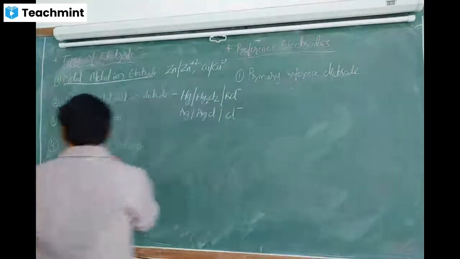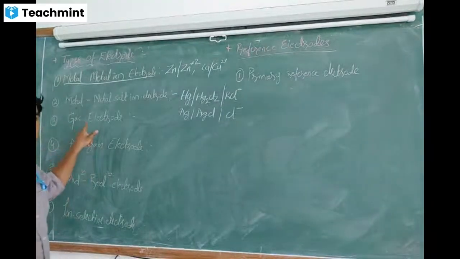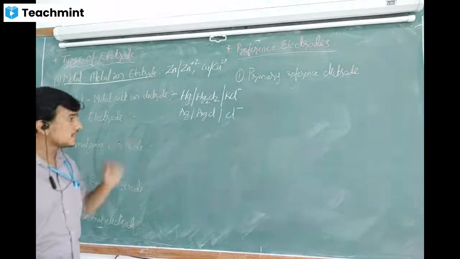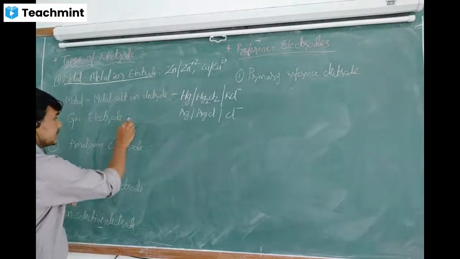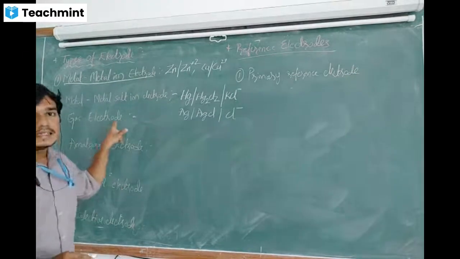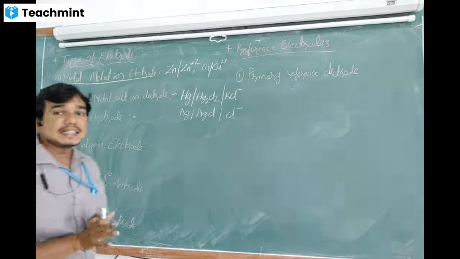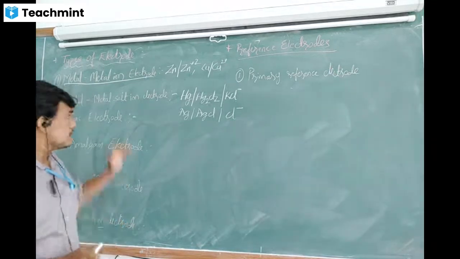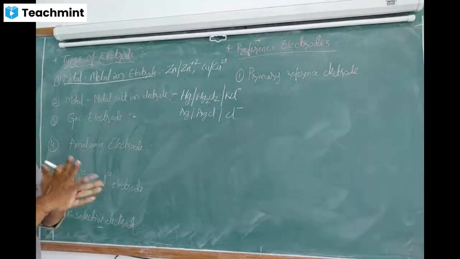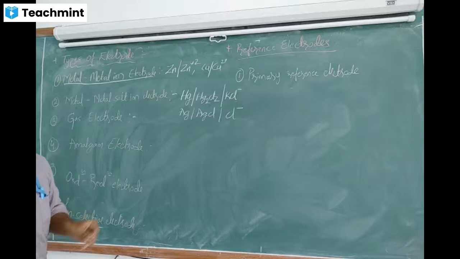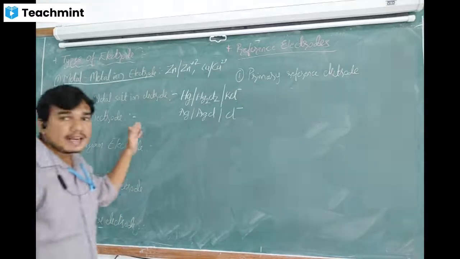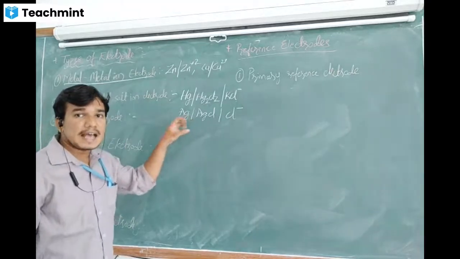Further, the next type of electrode is the gas electrode. Obviously, the name itself says it consists of gas. It consists of a gas in contact with an inert metal dipped in an ionic solution of the gas molecules.